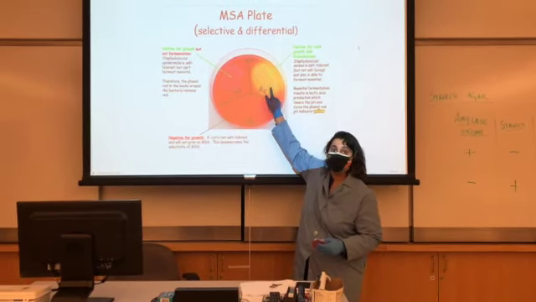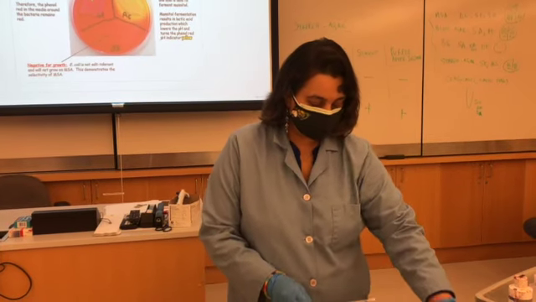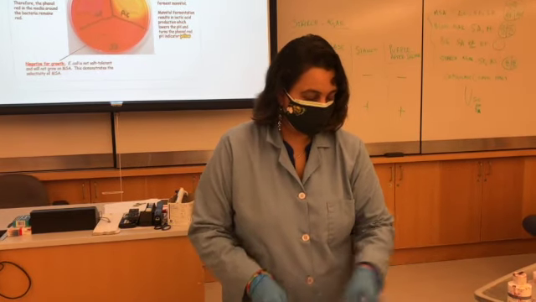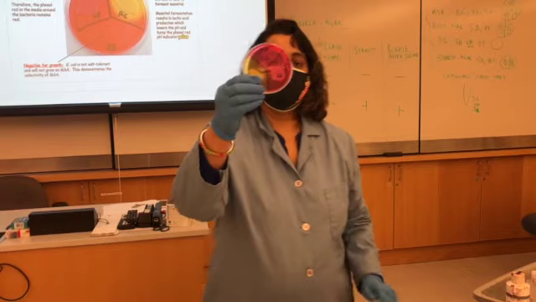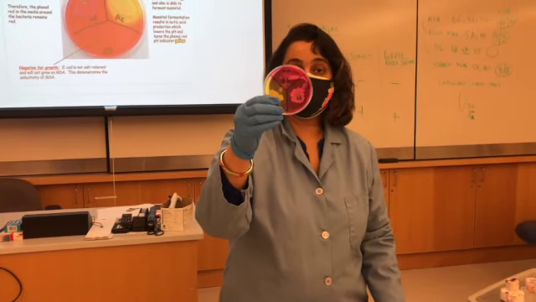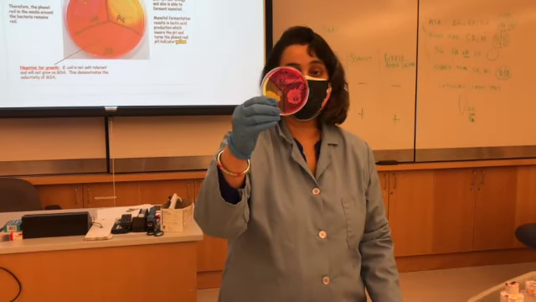You pick the bacteria, you add it on the MSA plate, you incubate these plates at 37 degrees for 24 to 48 hours and look for the growth of the bacteria. As you can clearly see, E. coli cannot grow on MSA plate because high salt will inhibit the growth of the bacteria.